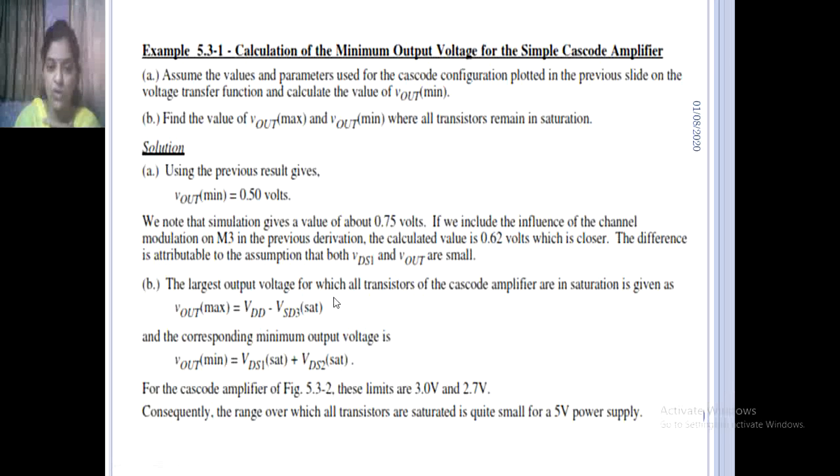The largest output voltage occurs when the transistors of the cascade amplifier are in saturation region, then Vout max is VDD minus VDS saturation, and the corresponding minimum output voltage is Vout min equal to VDS1 saturation plus VDS2. These limits are 3 volts and 2.7 volts. Consequently, the range over which all transistors are saturated is quite small for the 5 volt power supply.